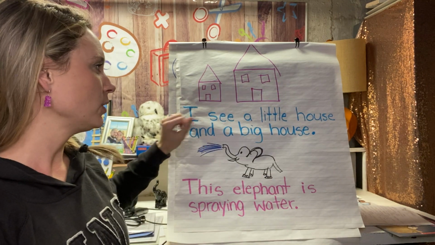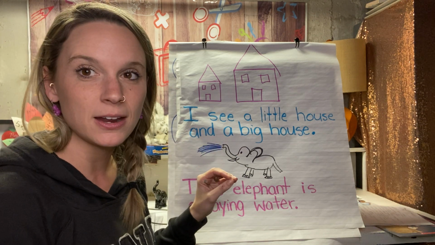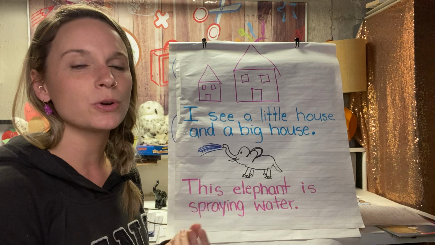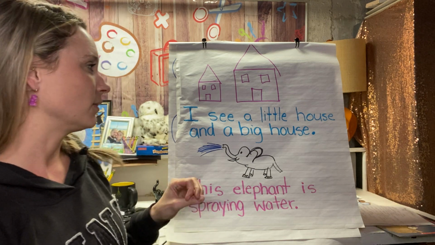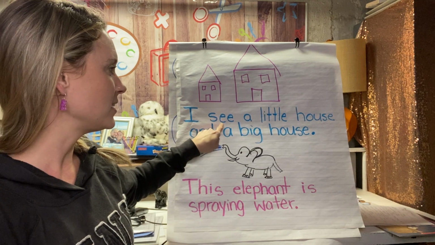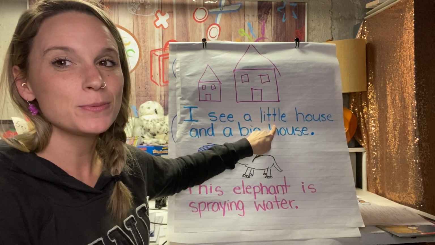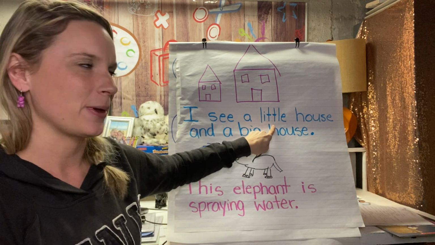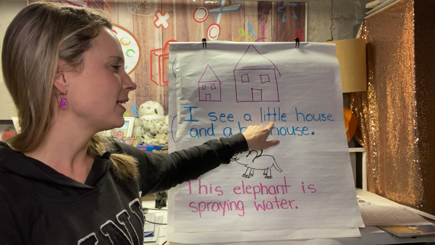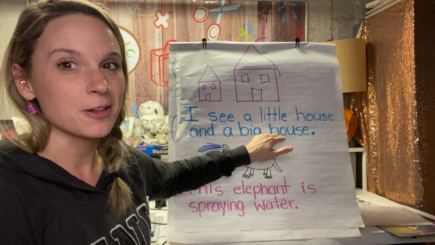And then I'm gonna look at my sentence and I already see a whole bunch of sight words that I know. And I also see some words that I know how to tap. Okay, so here I go. I see a... Now this word, some of you may know, some of you might not know, okay? So I'm gonna go ahead and say that this word is little. We've read this word like 1,000 times in all of our poems, right?